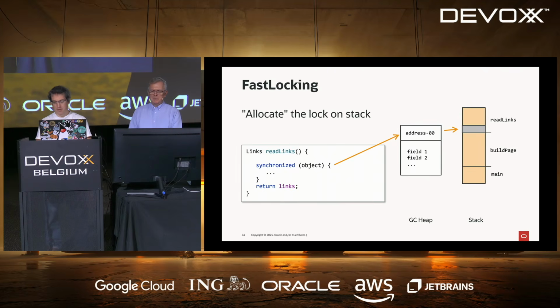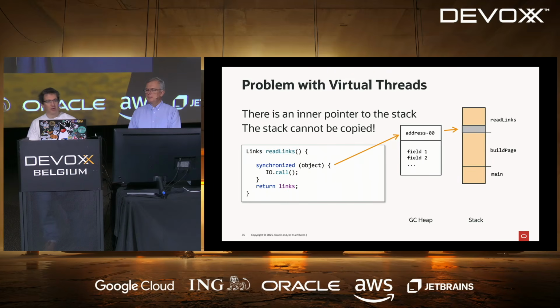So that's why when you do an IO call inside the synchronized block before Java 24, you are just out of luck. Because all the stack frames, all the stack of the virtual thread cannot be copied into the heap, because there is a pointer to one part of that stack, which is kind of a sad thing.